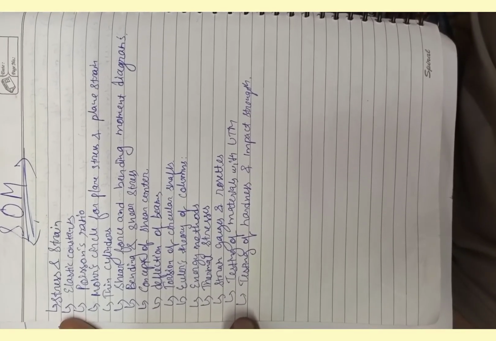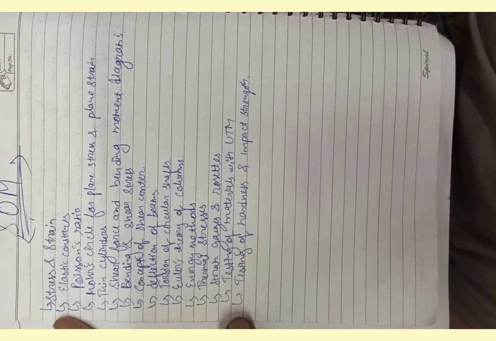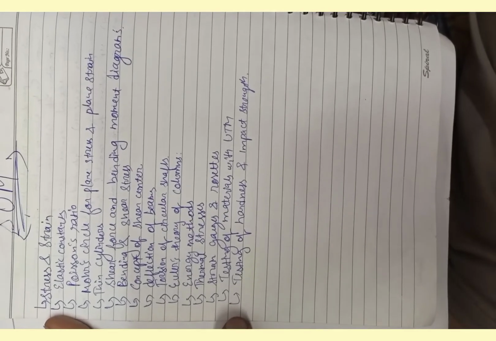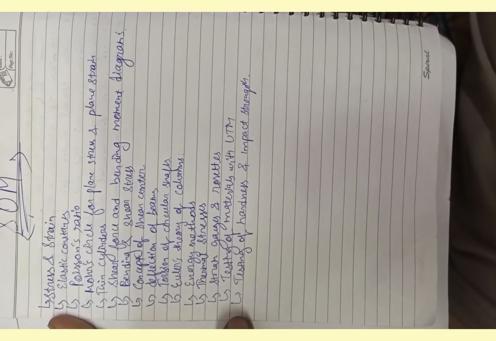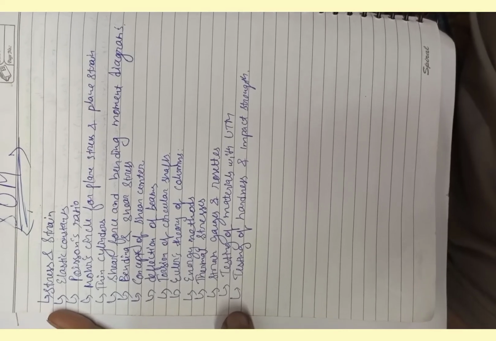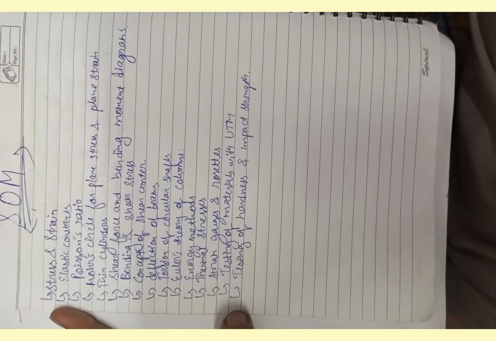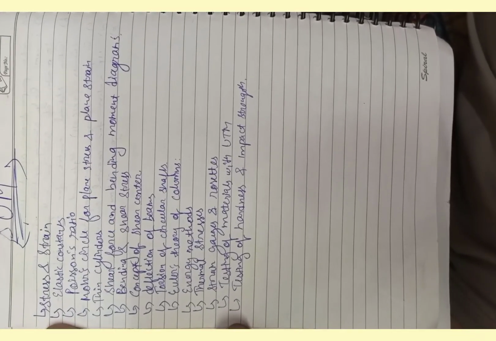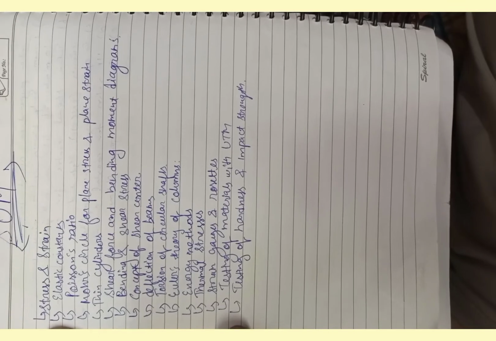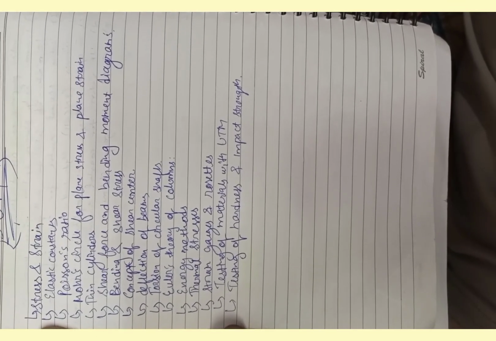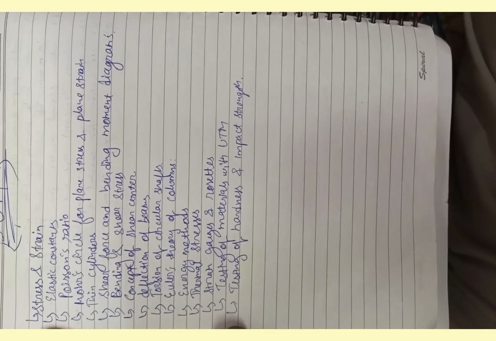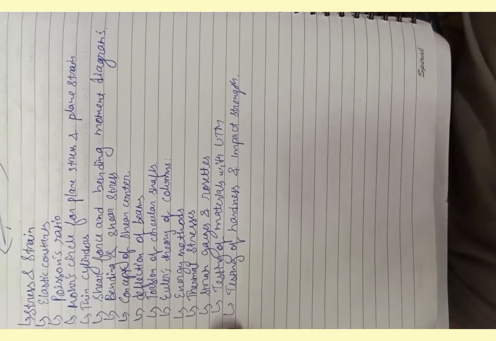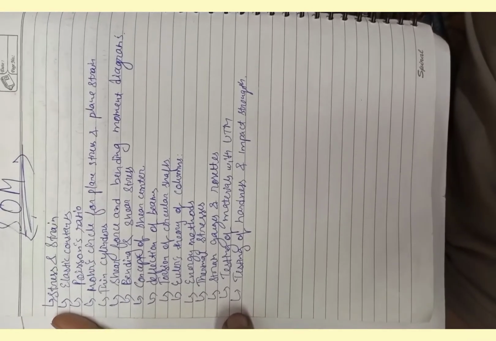Fifth is thin cylinders, shear force, bending moment diagram, bending and shear stress, concept of shear center, deflection of beam, torsion of circular shafts, Euler's theory of columns, energy methods, thermal stresses, strain, testing of materials with universal testing machine, testing of hardness and impact strength.